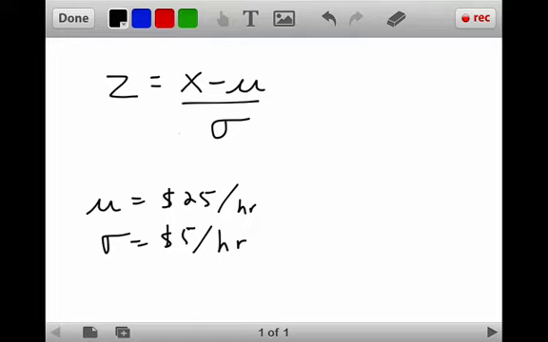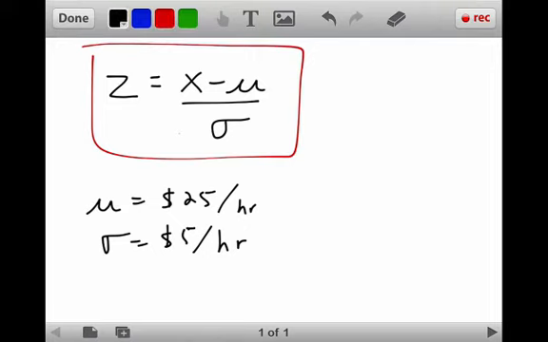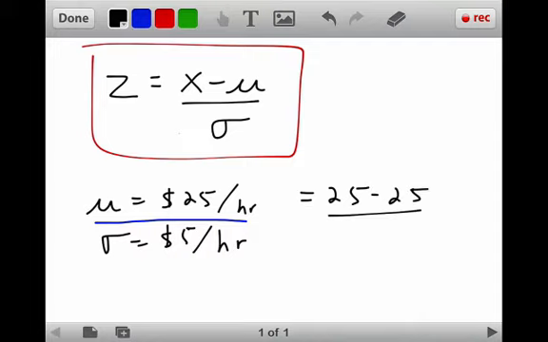Well, let's go back to our z-score formula, the formula that I have right here. Let's play with these values. We want to convert the mean score into a standard score, a z-score. Our score is 25, so we compute 25 minus our population mean, which is 25, and we divide it by 5. 25 minus 25 is 0, divided by 5.